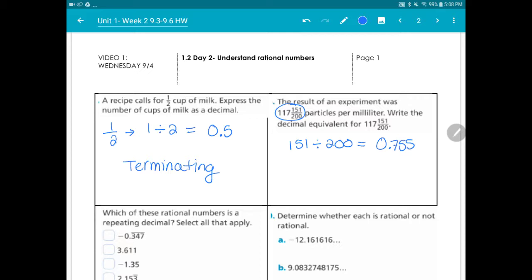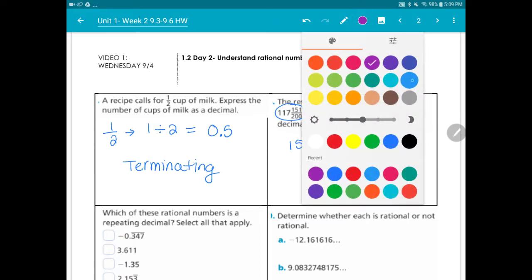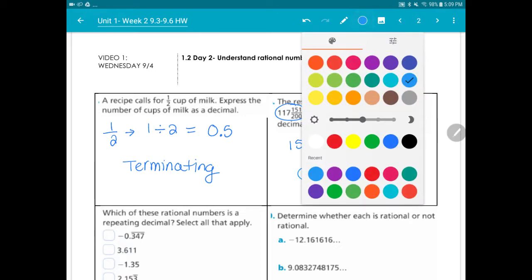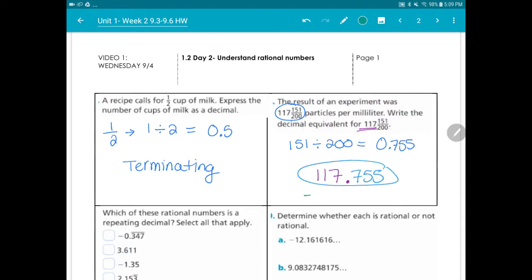And now we take the whole number that was in the front, and that's going to be the whole number before the decimal place. After the decimal place is going to be exactly the same. Is this a terminating or repeating decimal? This is also terminating.